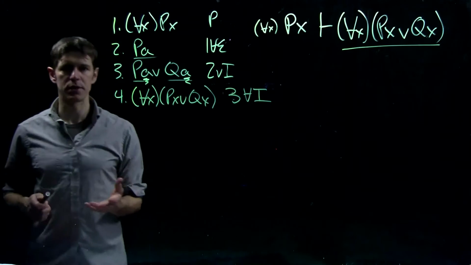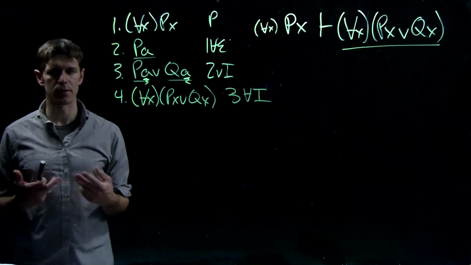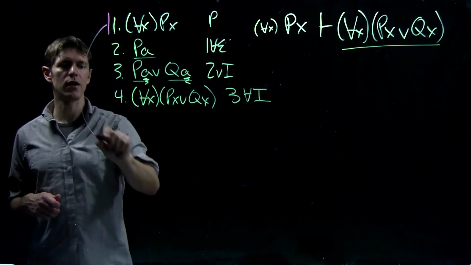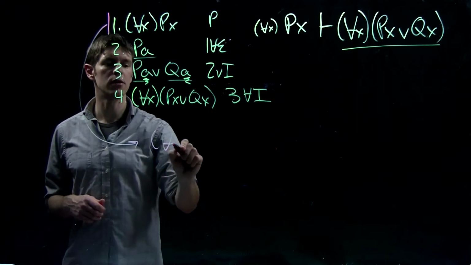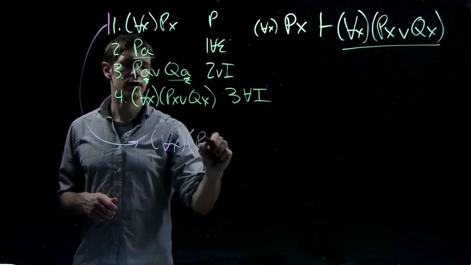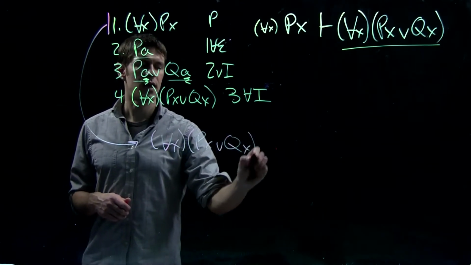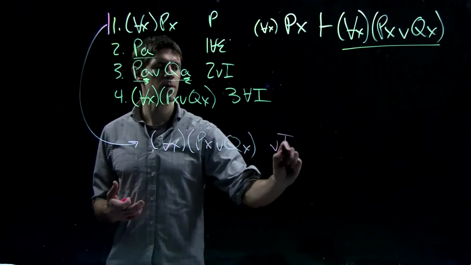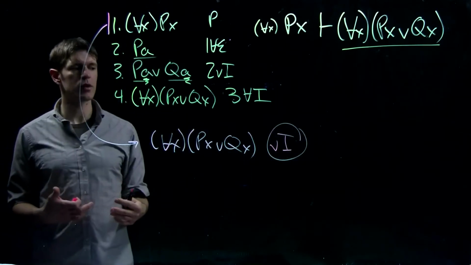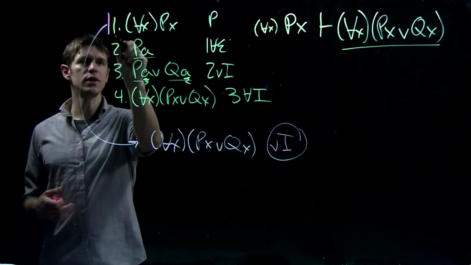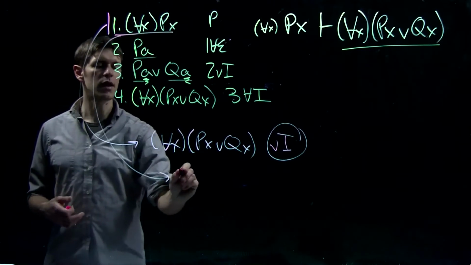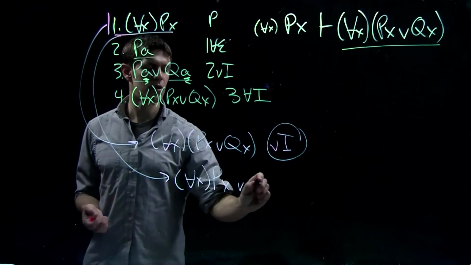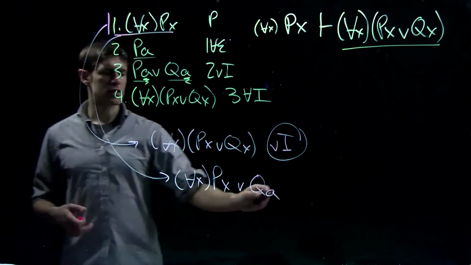There's a couple things about this particular proof I want to note in terms of some common problems I see people make. Sometimes people will try to reason directly from line 1 to the conclusion, Ax, Px or Qx, and they'll try to do this using disjunction introduction. This is not an acceptable use of disjunction introduction. You could reason from line 1 to a formula like Ax, Px or, I don't know, Qa, using disjunction introduction.